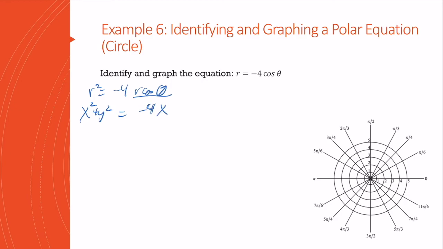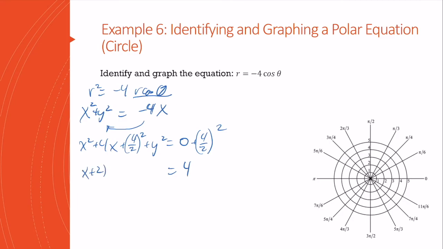I have x squared plus 4x, moving it over, plus y squared equals 0. And I add 4 over 2, squared, to both sides. Well, 4 divided by 2, squared, is 4. So I have x plus 2 squared plus y squared equals 4. Because this is supposed to be negative, it's x minus a negative 2.